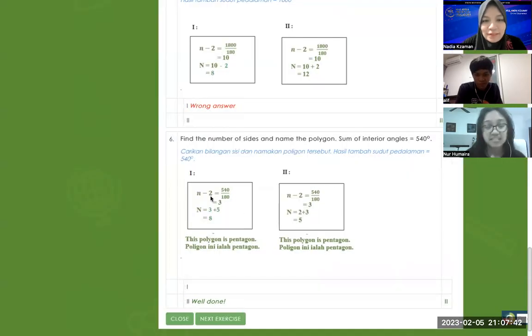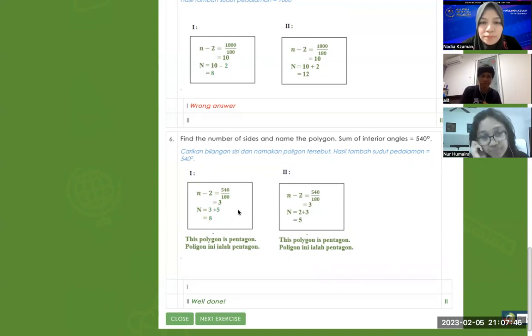Oh. So now for this one, n minus 2, actually it is the same. But then you have to look at the number properly. Here 3 and 2, 3 and 2, not 3 and 5. So you have to be careful in every question that you get.